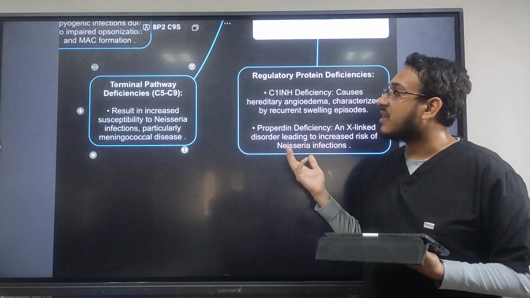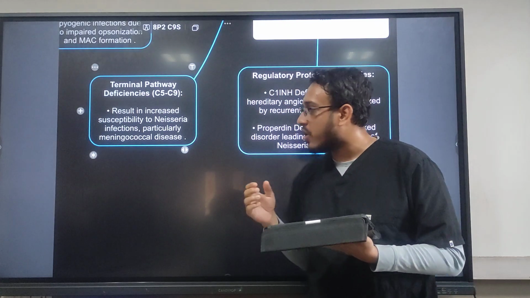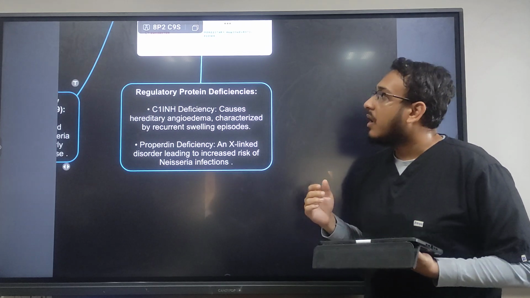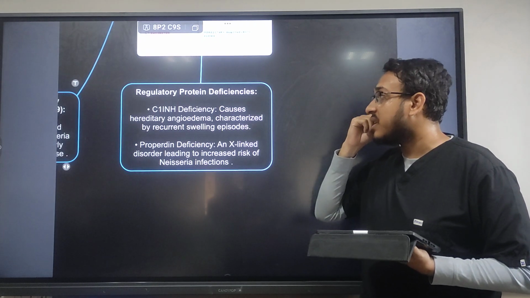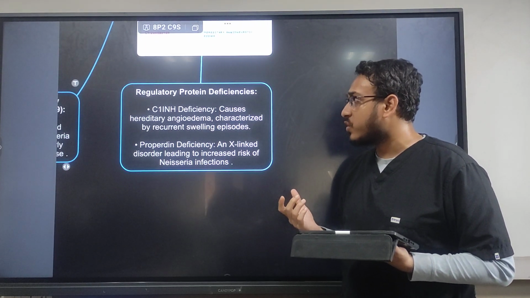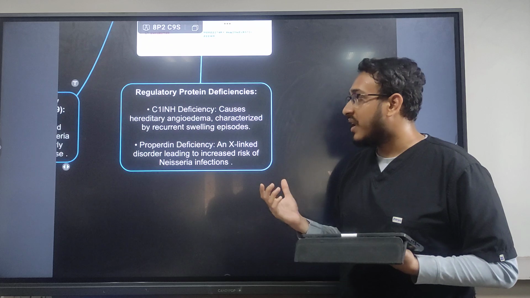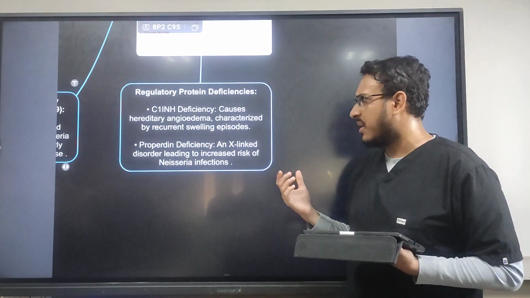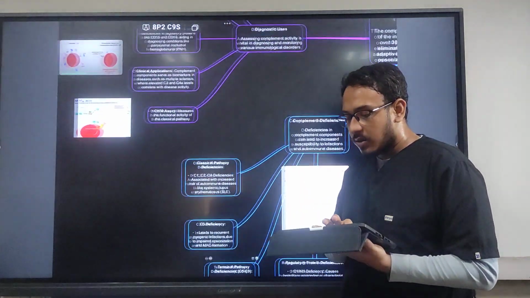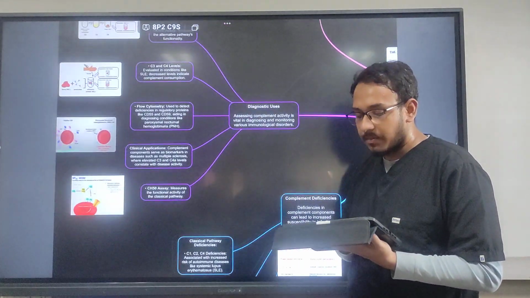This results in increased susceptibility to certain bacteria such as Neisseria, particularly causing meningococcal disease. Then regulatory protein deficiencies. So C1INH deficiency causes hereditary angioedema, characterized by recurrent swelling episodes. Properdin deficiency is an X-linked disorder that leads to increased risk of Neisseria infections. So these are some of the diseases that can be caused due to deficiencies in the complement system.